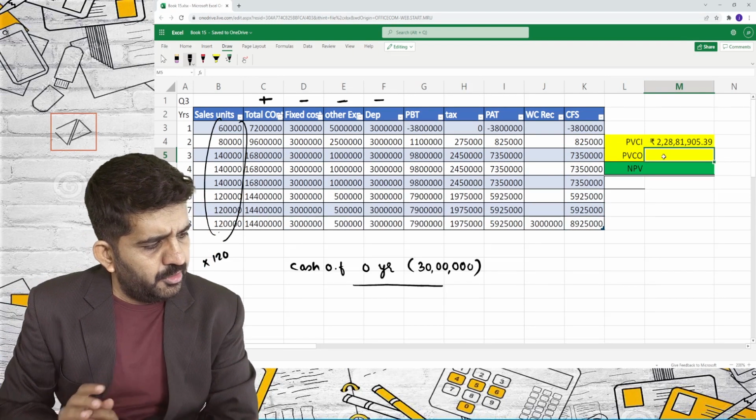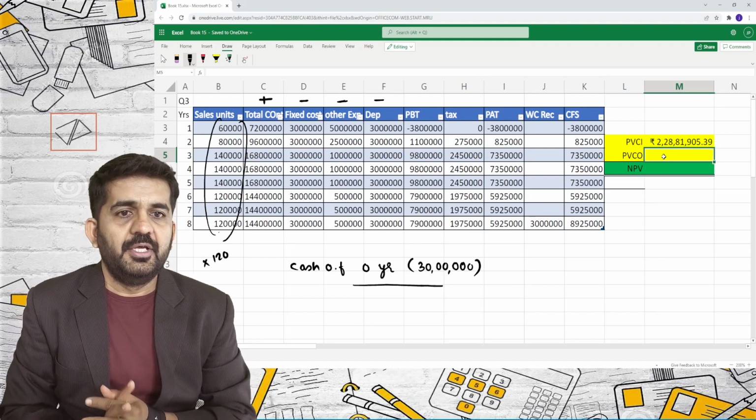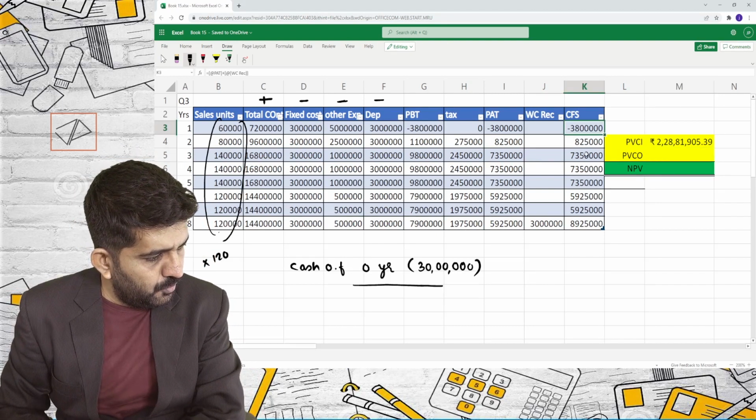It is 2 crore 28 lakh 81,905 rupees. This is my present value of cash inflow.